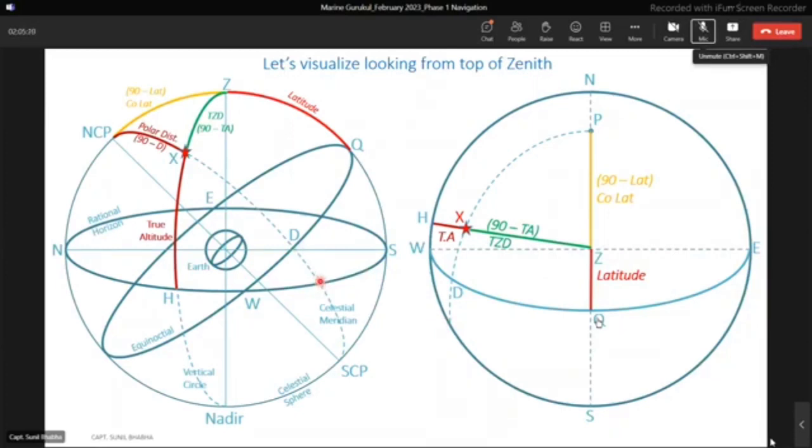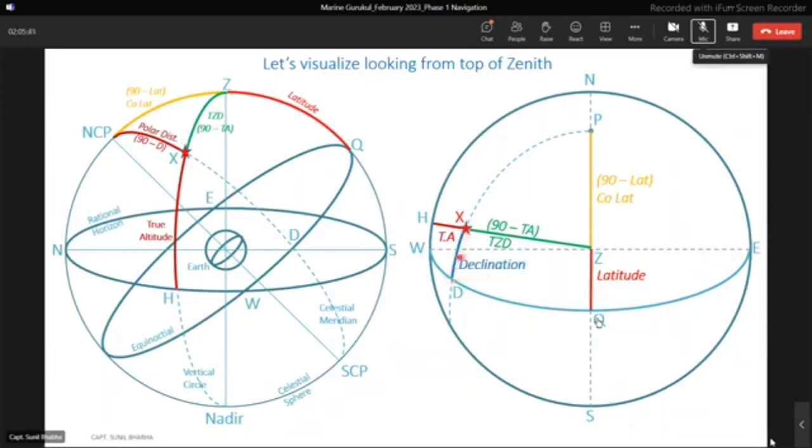So we have the celestial meridian of the body drawn now. Now let's mark off on this celestial meridian. From the equinoctial up to the body, D to X, this basically represents the declination of the body.